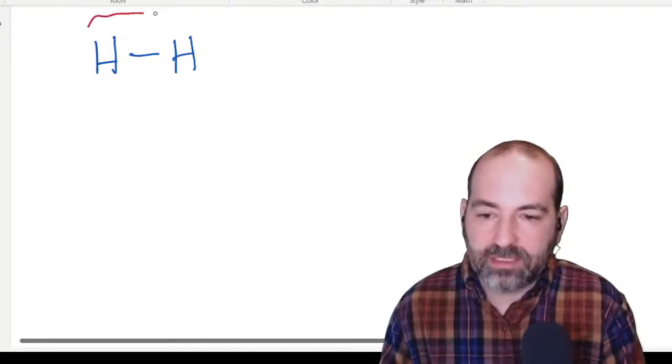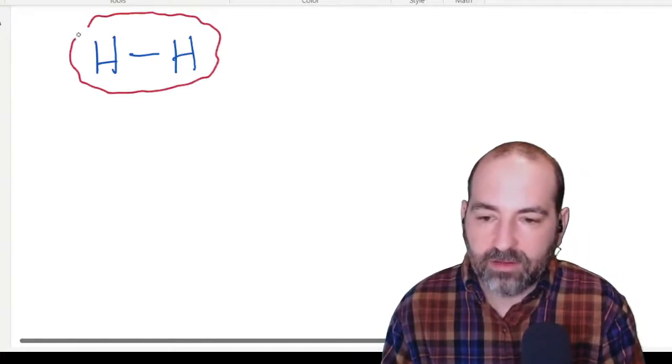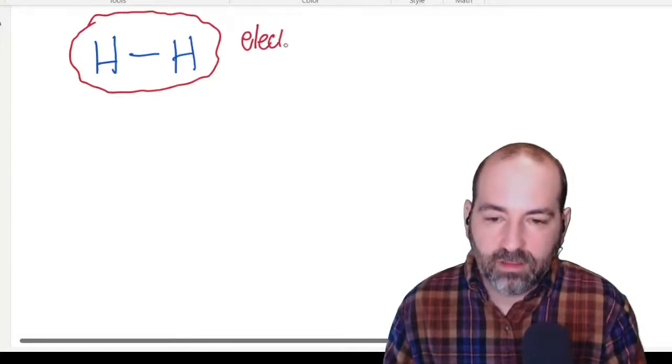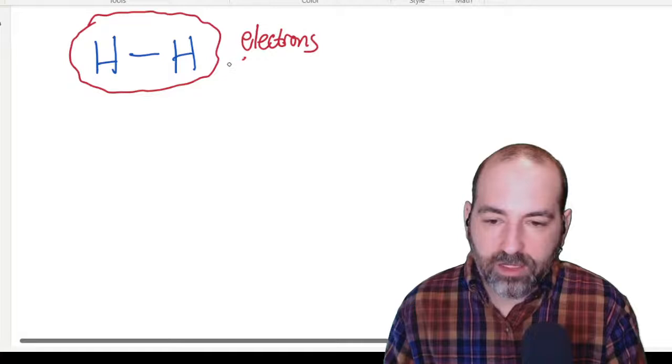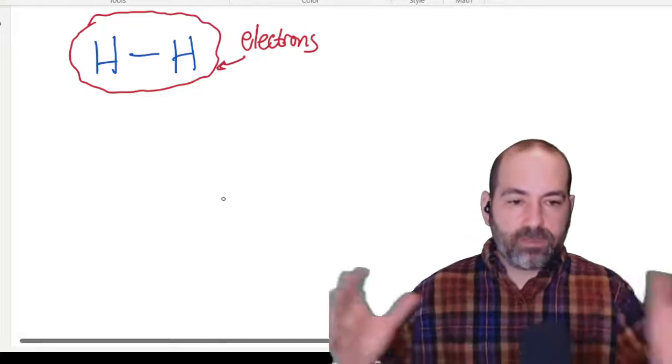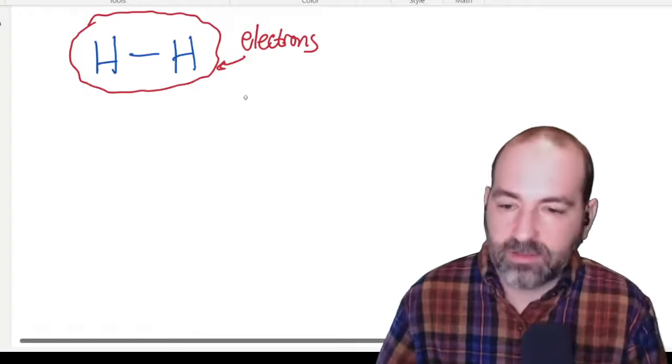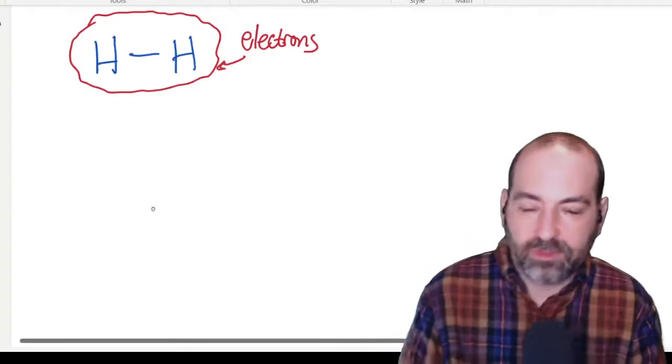And that kind of makes this cloud of electrons that goes all around the whole molecule. And those electrons are shared pretty much evenly, because why would they go to one side versus the other? They're the same on both sides.